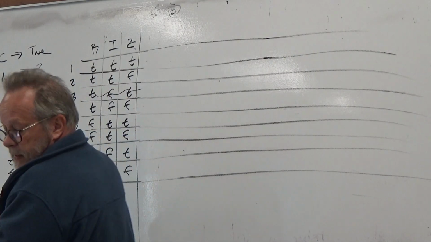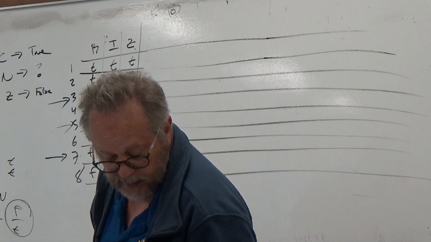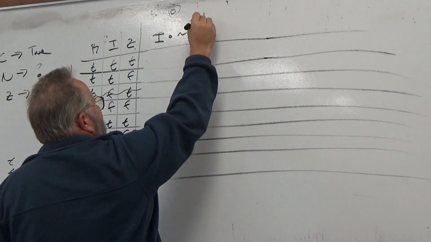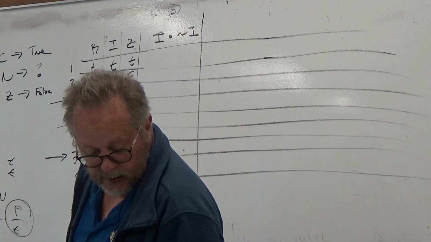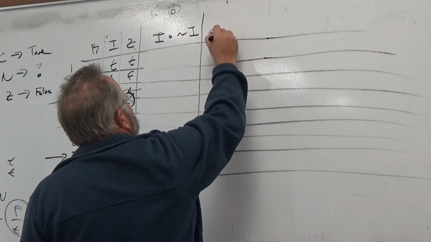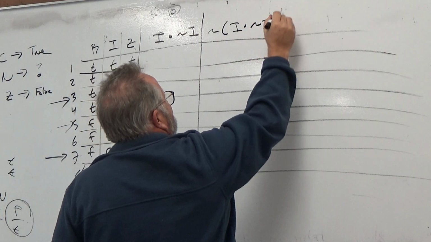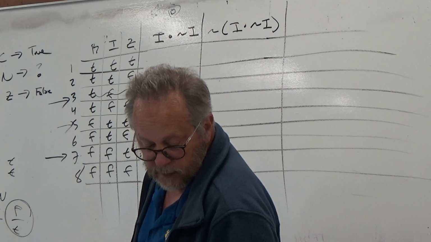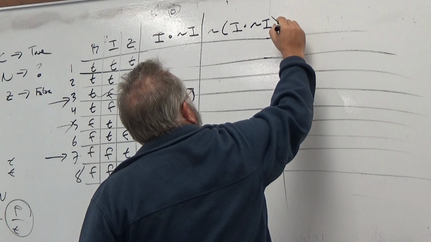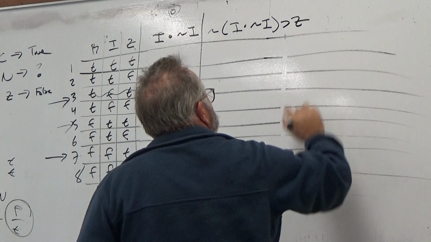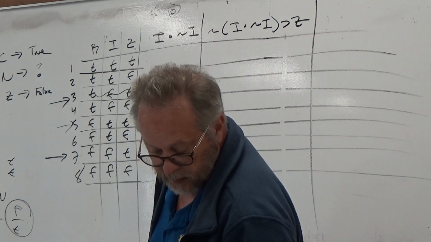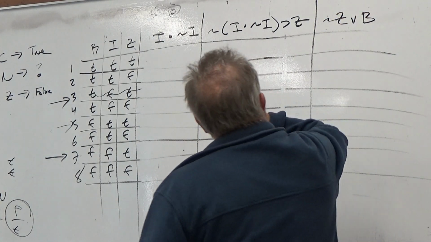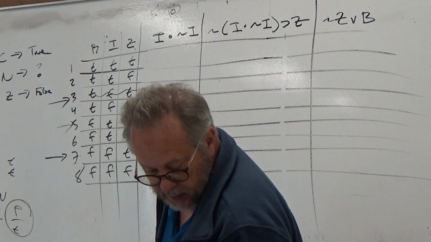Our first premise is I and not I. The second premise is not I and not I. Then we have Z. And then the conclusion is not Z or B. Okay. Do I have that right?